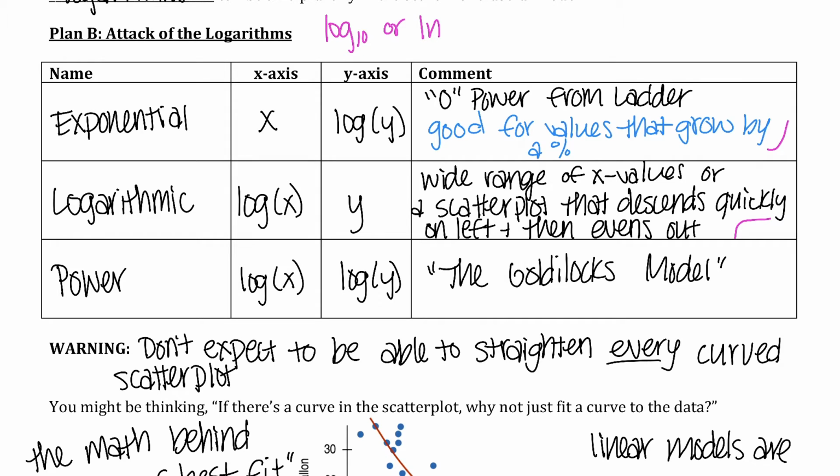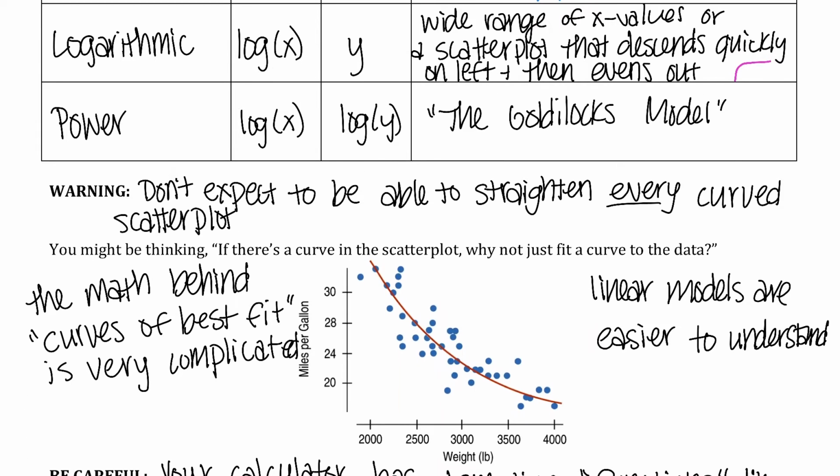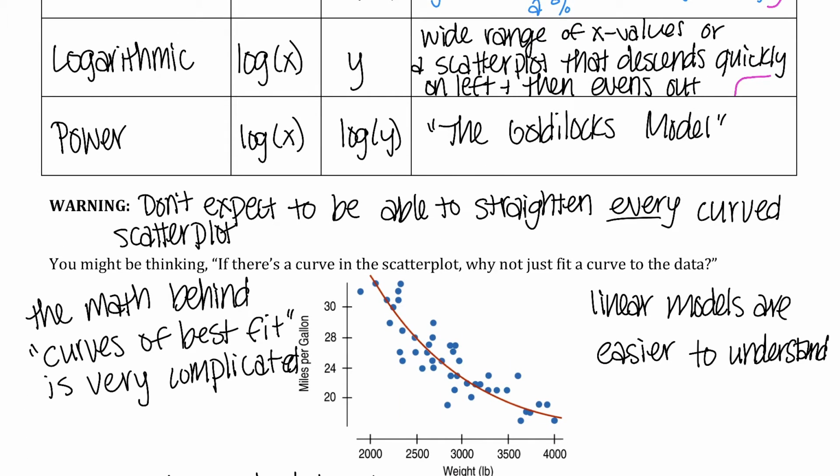Something else you might be thinking, if there's a curve in the scatter plot, why don't I just fit a curve to the data? Well, it turns out that the math behind curves of best fit is very complicated. Too complicated for us to deal with in this class, and also harder to interpret, right? If you've got some sort of quadratic function you're trying to talk about, those numbers in front of the variables, they don't really mean a lot to an everyday person.